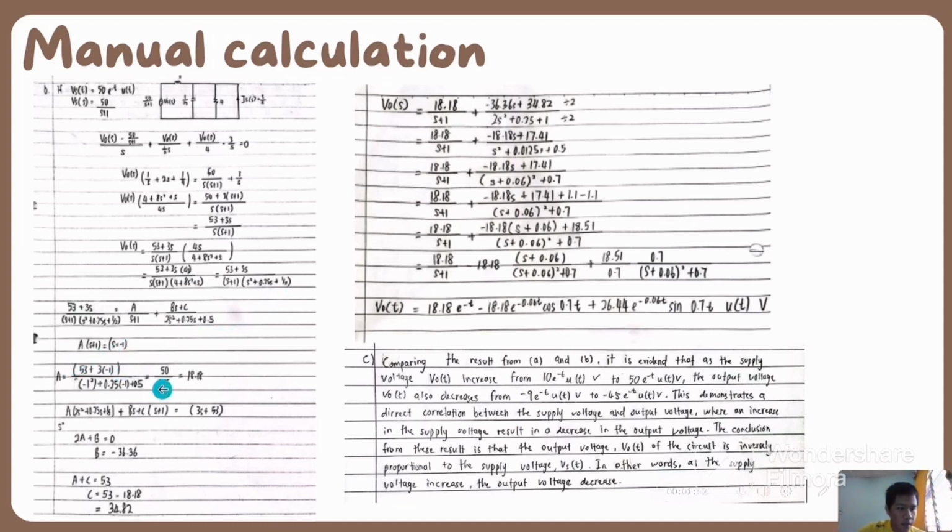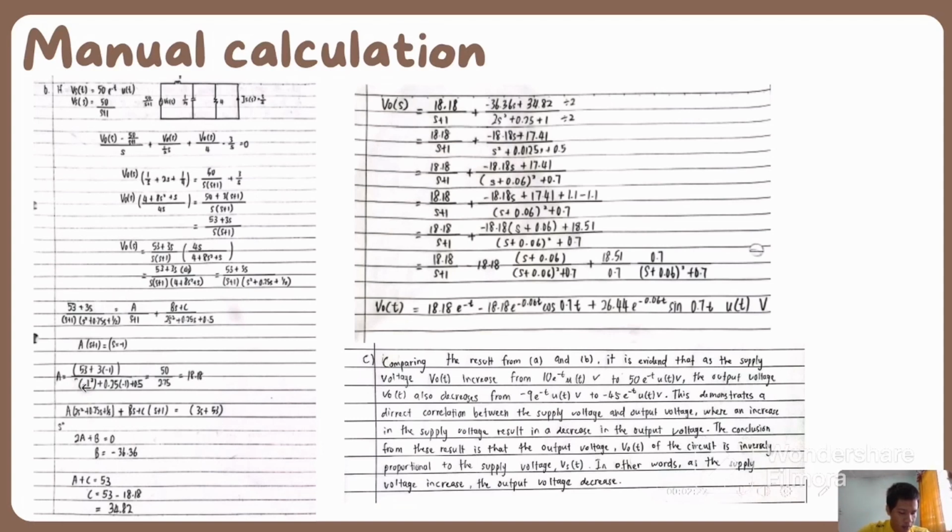So for the A, we use the S plus 1, which is S is negative 1. We insert the value of S negative 1 into the equation and then we will get the value for A, which is 18.18.